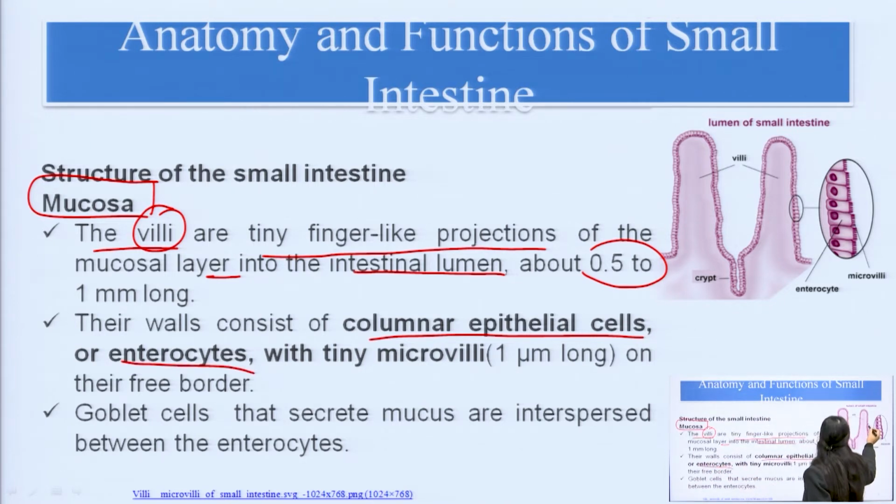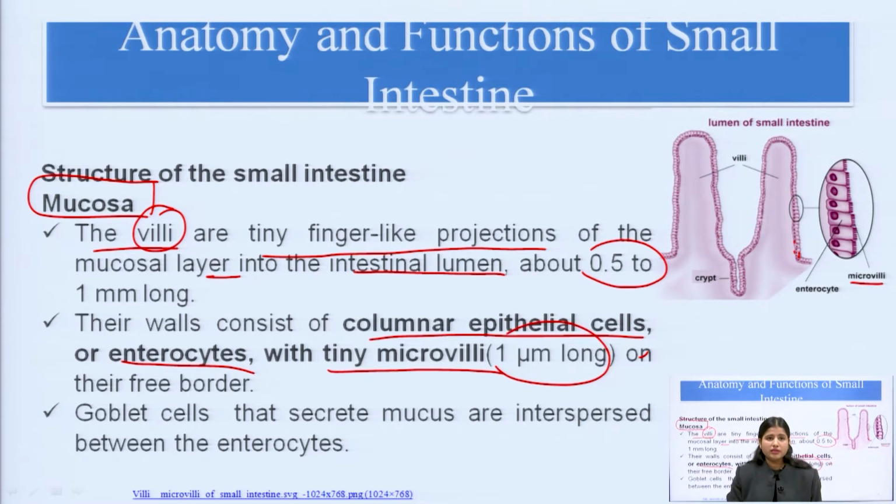In this villi structure you can see the enterocytes, the intestinal epithelium cells, and on them very fine projections, which are the microvilli, approximately 1 micrometer, on their free borders. Now, goblet cells are present.